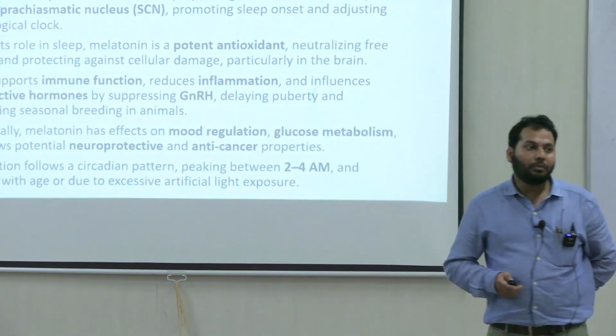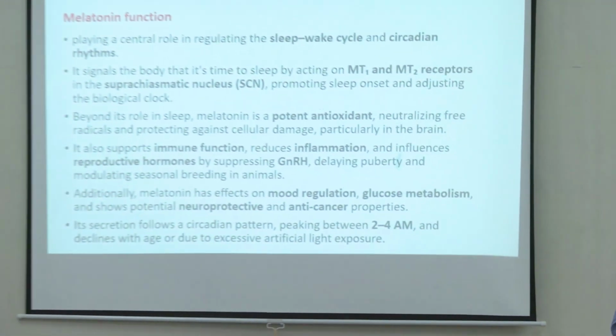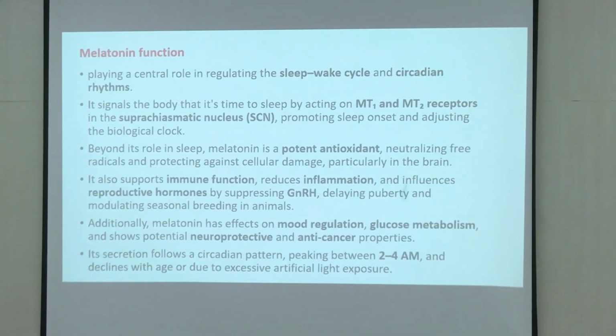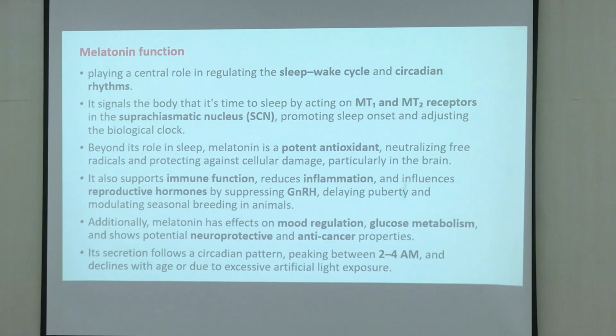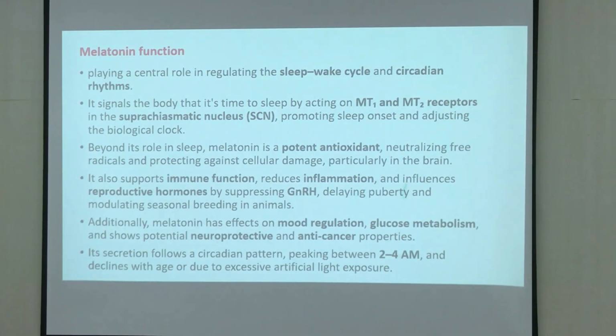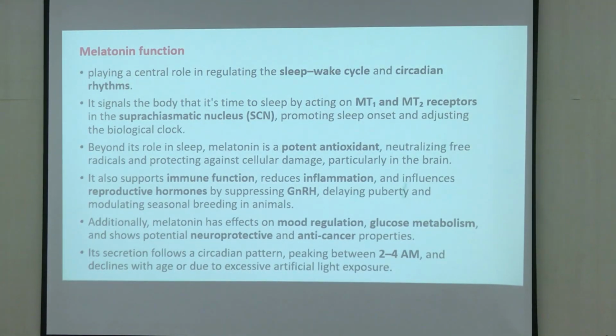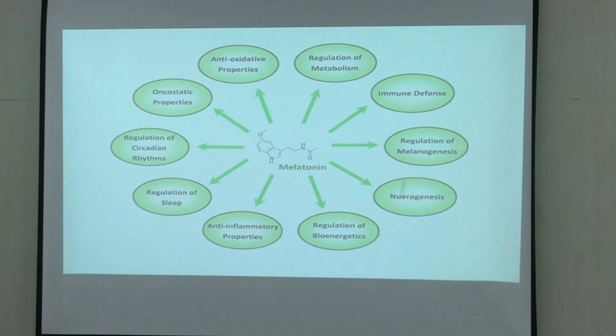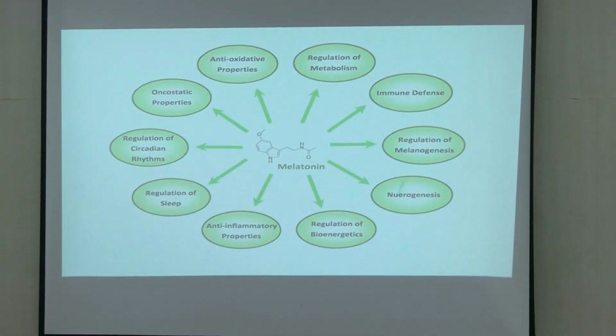Now, what are the most important functions of melatonin? One function we already know is that it is mainly involved in the regulation of rhythm. So if you see the flow chart or diagrammatic representation, what are the other important functions carried out by the melatonin hormone?